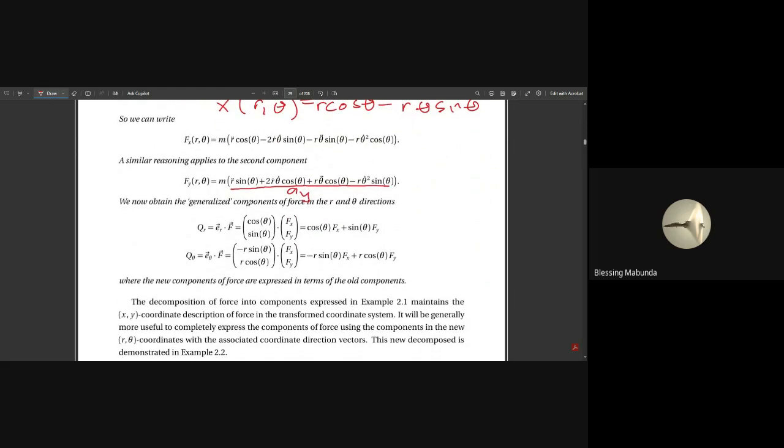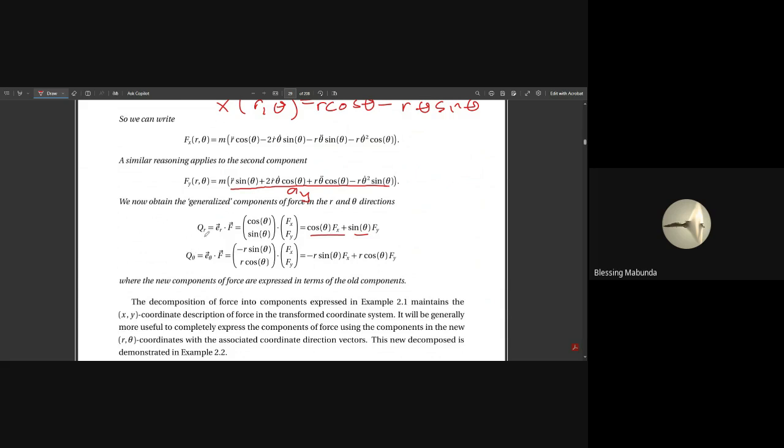And we can generalize to components of force in the r and theta directions. So consider the cosine theta here, sine theta, and Fx and Fy. Right, so this gives us the x component of force in the x direction and the y component of force in the y direction.